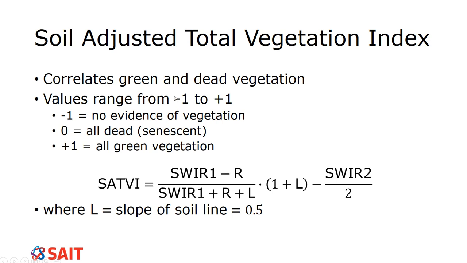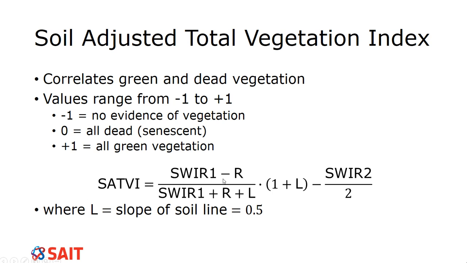You can't do any more. And then there's +1, which is all green vegetation. So there is no soil in the end value, and there's no evidence of water sitting, like pooling on the ground or anything like that. So it's merely looking at vegetation leaves in this case.